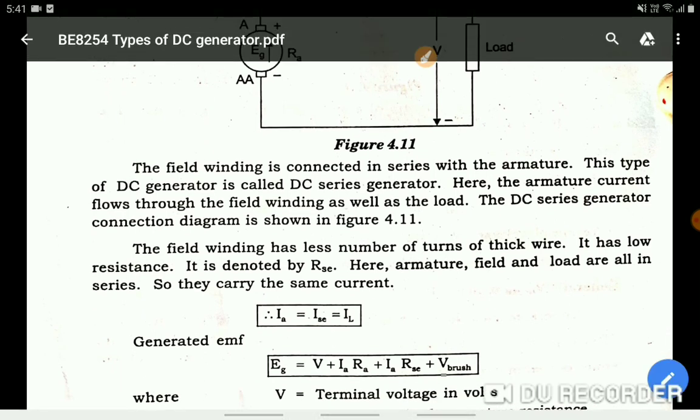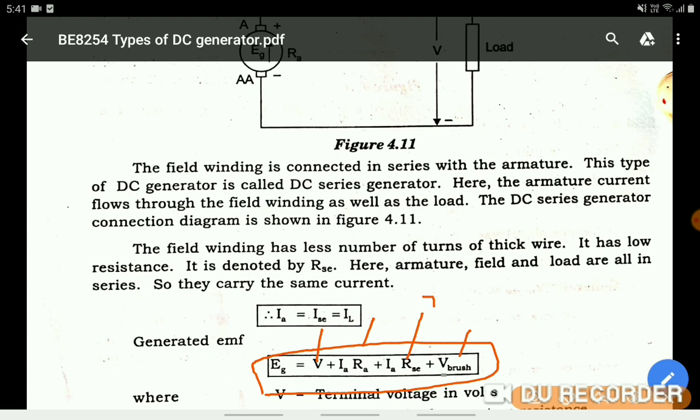That is what is expressed here. So EG equals terminal voltage V plus the drops. Where are all the drops? Drop at load, drop at armature, drop at series field resistance, and drop at brush. The drop at the brush is a very small amount.